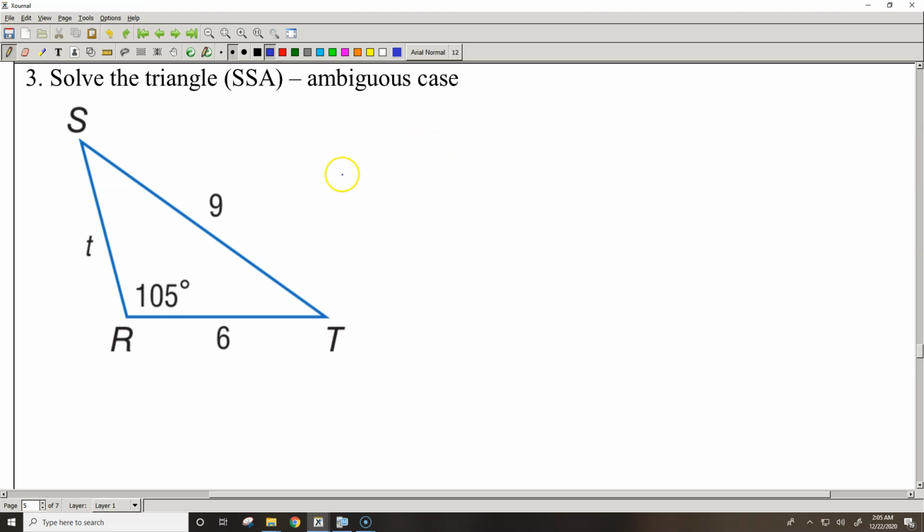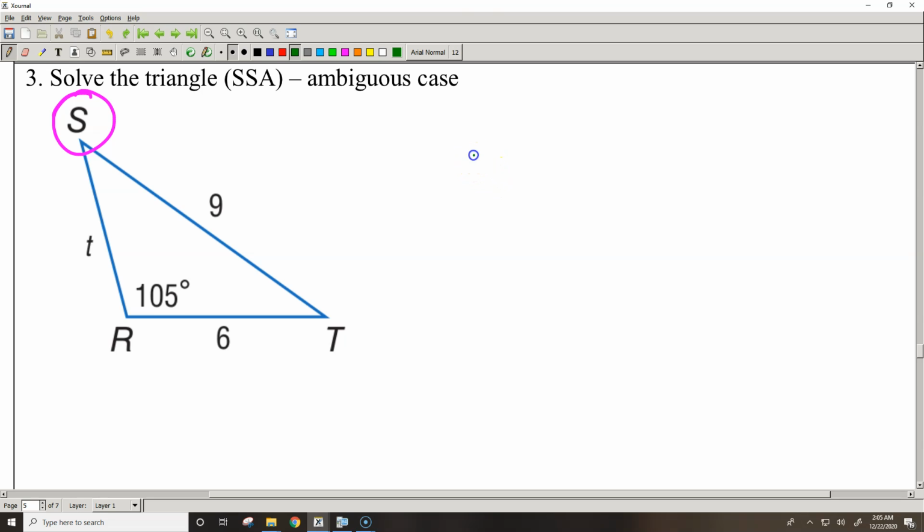When we do this, the first thing that we're going to solve for is angle S in this case. So you notice that in the last video I wrote the law of sines with sine on the top. That's the reason why I'm going to put sine on the top here, because I'm solving for an angle. So remember, the combination that I know in this problem is 105 and 9.